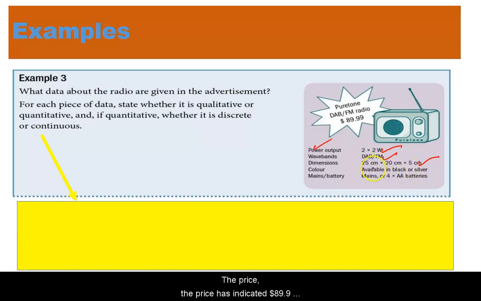The price, as indicated at $9.9, is quantitative and discrete because it gives us a numerical value. The color, as we can see, is qualitative, available in black or silver. The length, the width, the height are quantitative and continuous.